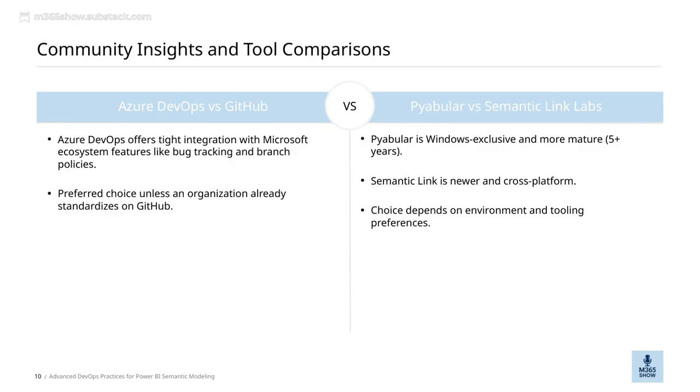Comparing Pyabular versus Semantic Link Labs and Azure DevOps versus GitHub, the decision ultimately hinges on your specific needs and existing infrastructure. The key takeaway is that the choice of tools should align with your environment, team preferences, and overall DevOps strategy, ensuring a smooth and efficient workflow.